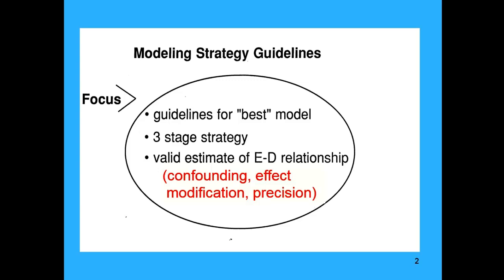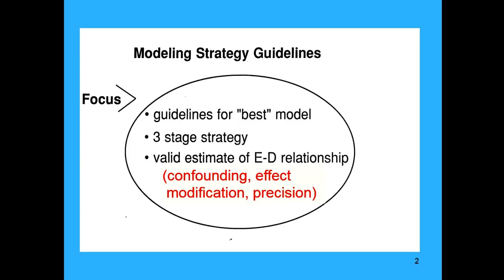And what this sort of means in terms of what we've been talking about up to this point in the course and even last semester is we want to be able to say something about the ED relationship, and we want to take into account the problems or the issues that we have to deal with when we're doing that. One of them is confounding, because this has to do with one of the issues when you're controlling variables.